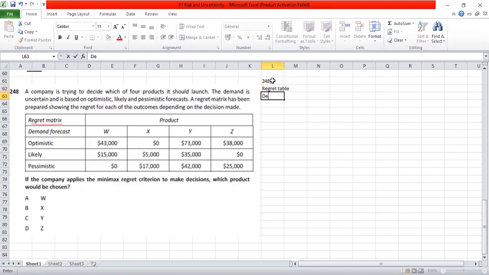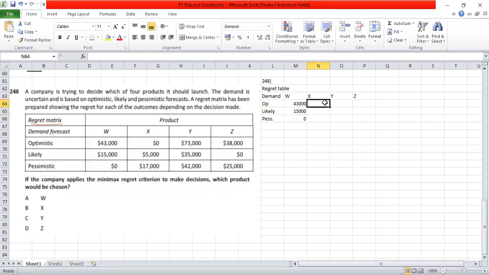we have the demand forecast for optimistic, then likely, then pessimistic. Then the products are given as W, then X, then Y, then Z. For W it is 43,000, then 15,000, then 0.